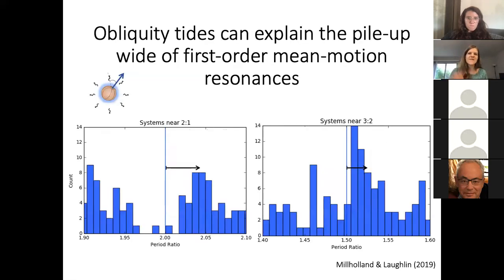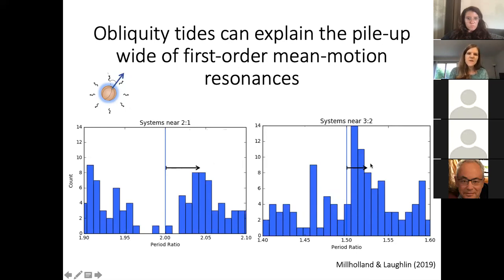In this study from last year, we showed that if we account for the extra dissipation that could arise from non-zero planetary obliquities, then that several order of magnitude extra effect could be the amount that we need to move planets wide of the exact resonances by the amount that we see.